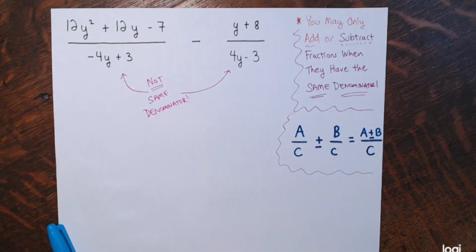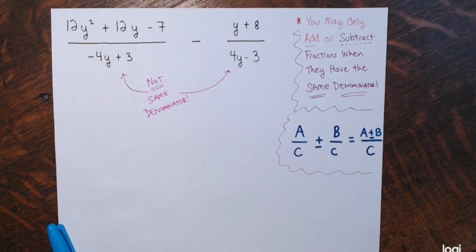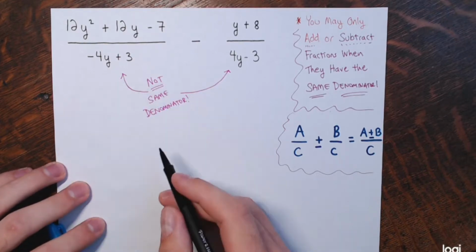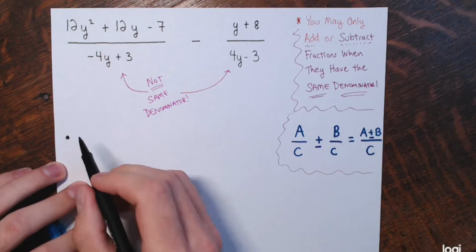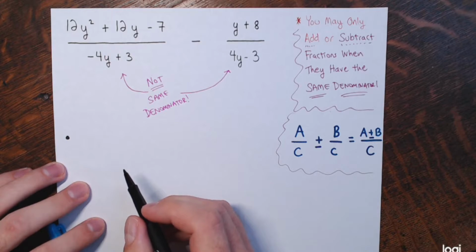Now the nice thing in this section is that if they're not the same, in this particular assignment, they will be opposites. And what I'm about to do is the same steps I'm going to do in section 7.2 part 2.